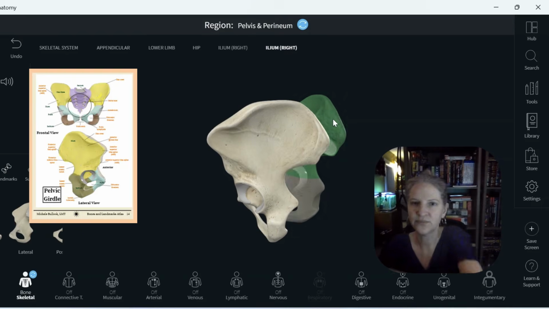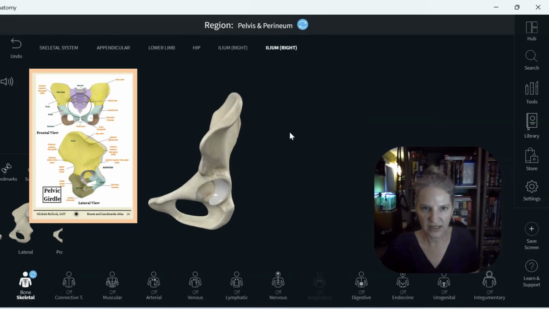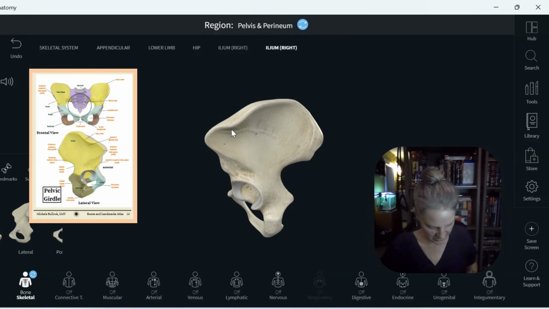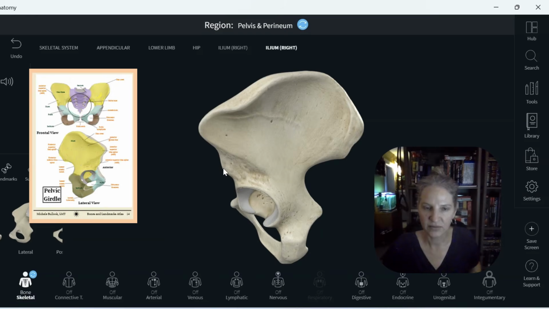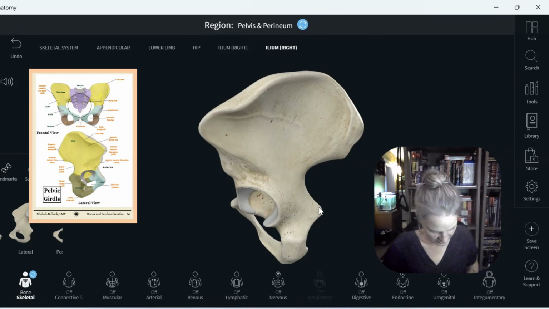On the anterior side, we've got the anterior superior iliac spine, that's ASIS. Below that, we have the anterior inferior iliac spine. In the back, on the posterior side, we have the posterior superior iliac spine, and the posterior inferior iliac spine. Back here, we have a greater sciatic notch, and then the lesser sciatic notch.